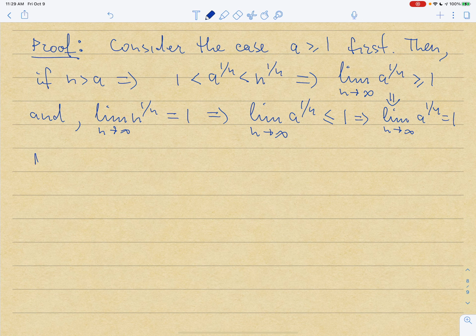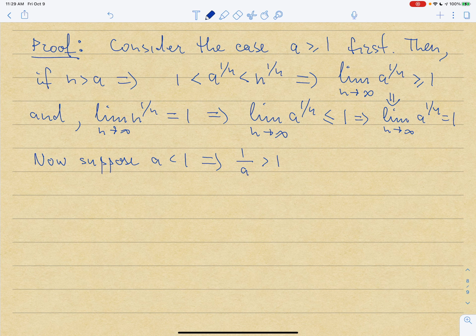So now, suppose a is less than 1. But if a is less than 1, then 1 over a is greater than 1.